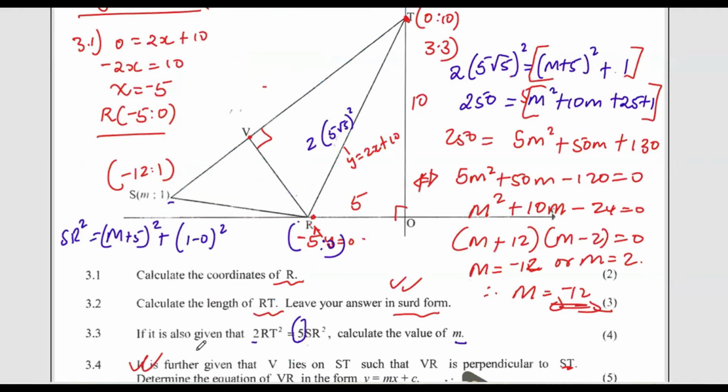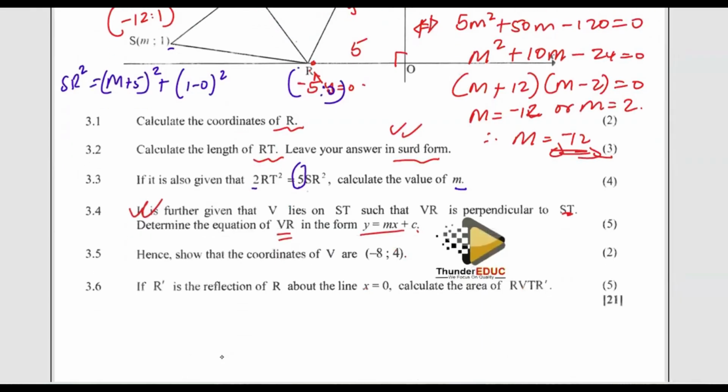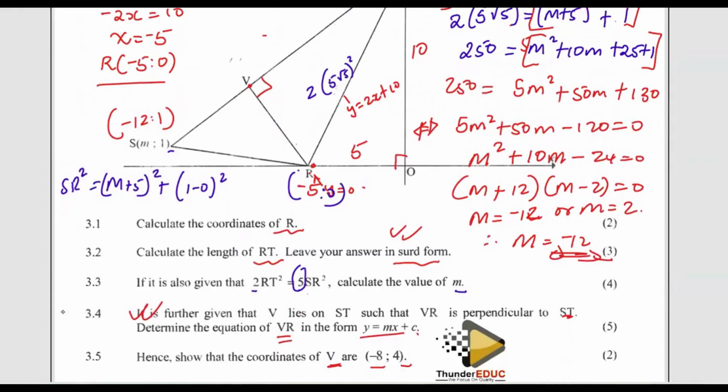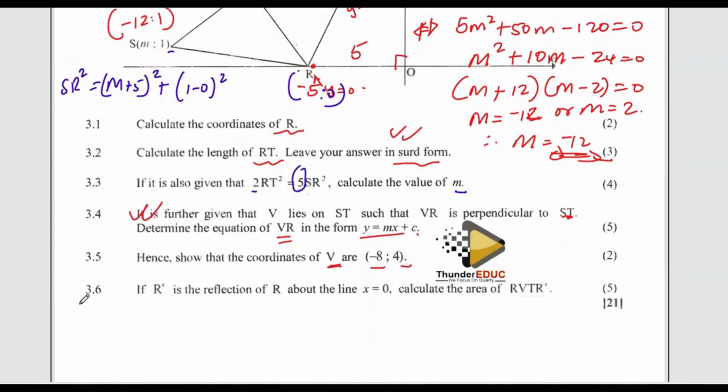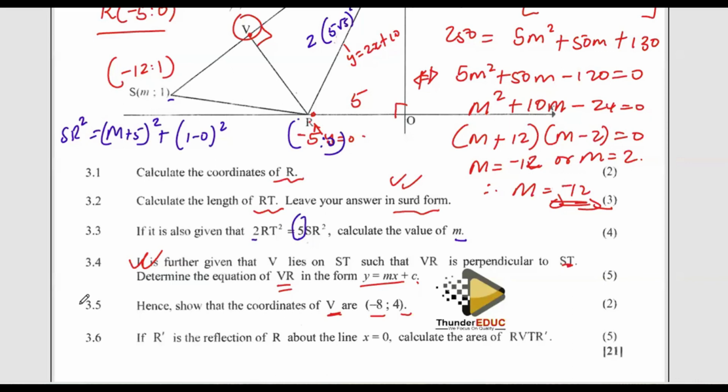Okay. Then 3.5, can we show, hence, that the coordinates of V are (-8, 4)? Okay, how do we prove that? It's 2 marks.